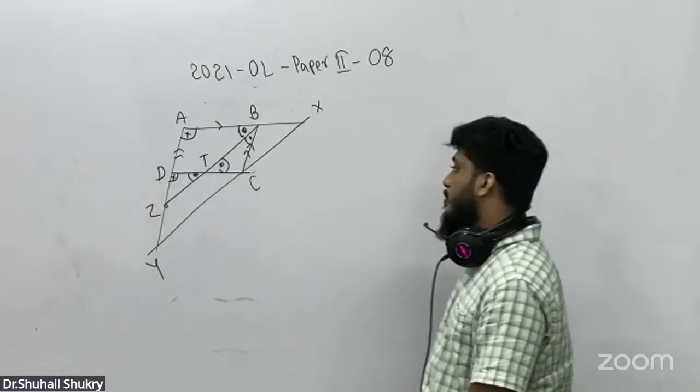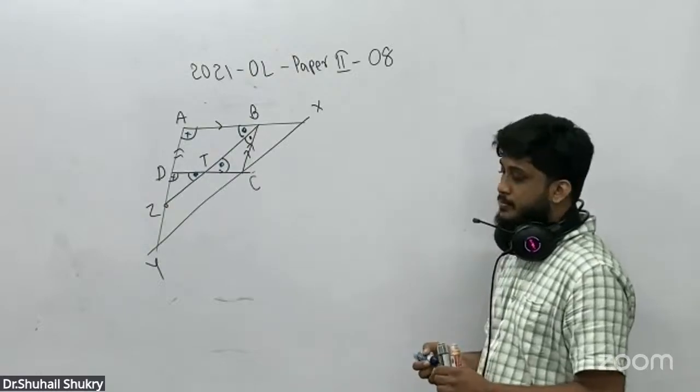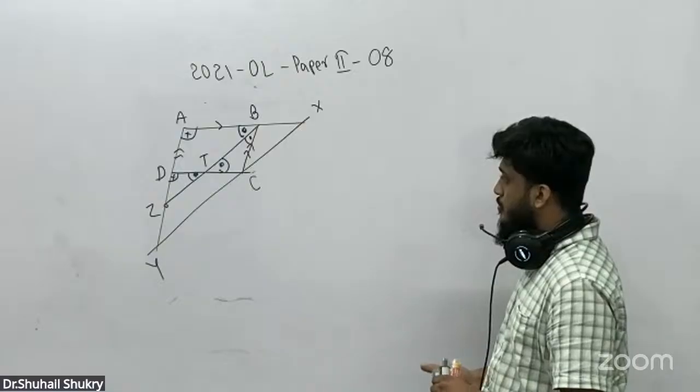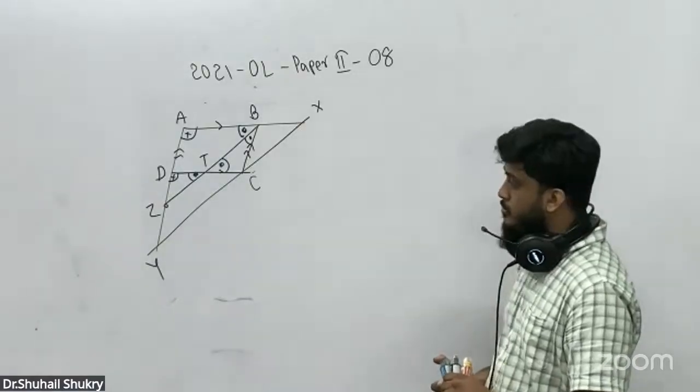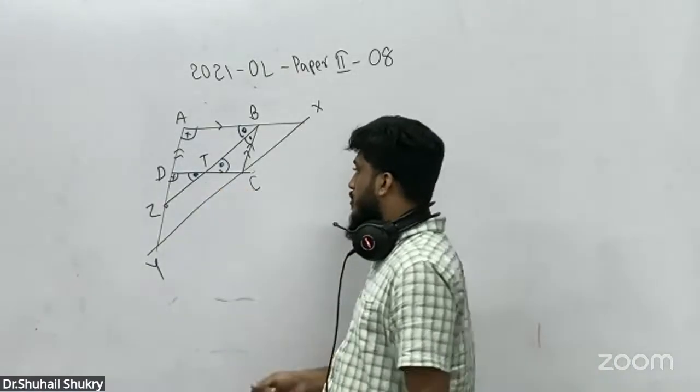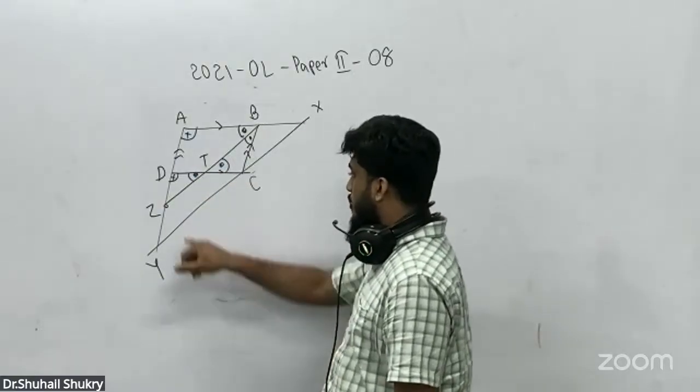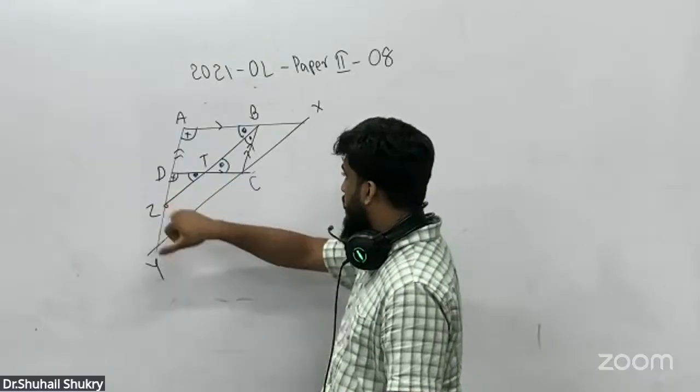Okay. Now you have to speak. Now you have to prove this one is a dot. You prove this one is a cross. Now, do you have anything to find this angle?